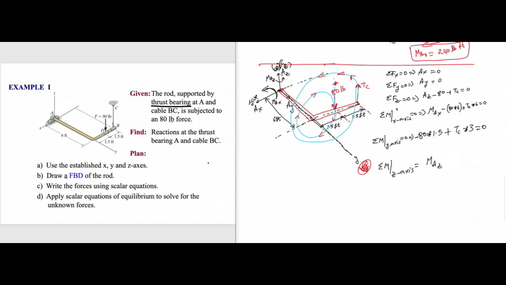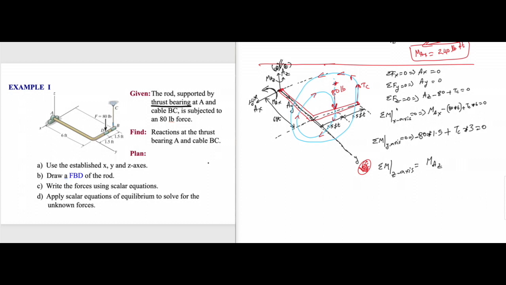And let's look at all the forces. What about AX? AX is passing through Z, no moment, because the distance between AX and Z axis is zero. Similarly, AY and Z axis is zero. MAX is moment with respect to X axis, so we will not even consider that.